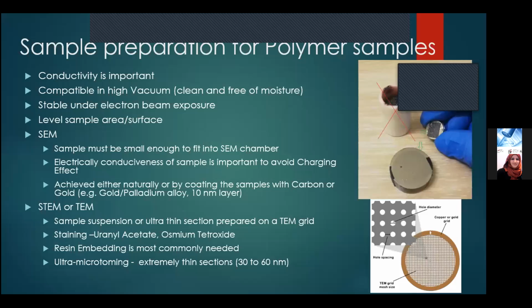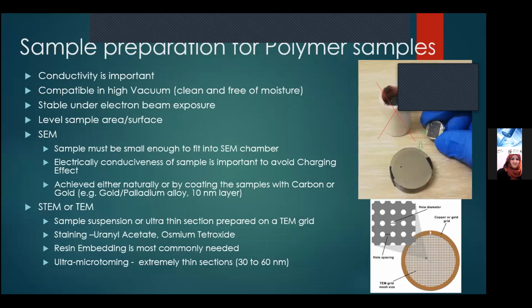Then it needs to be stable under electron beam exposure. The sample shouldn't melt or explode under the electron beam, since this is a high kilovolt, high energy situation that you are placing the sample under. And then the sample has to have a level area.